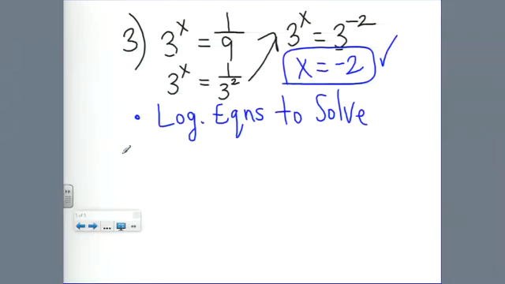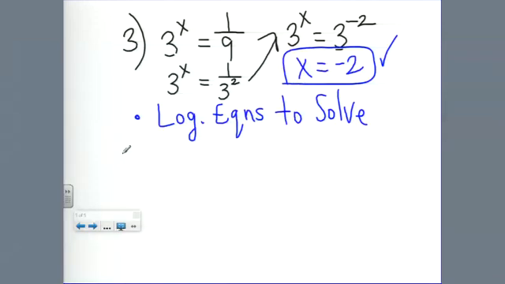Just like we did when we had to graph a log function, anytime you're given a logarithmic equation, you have to convert it into exponential form in order to solve.